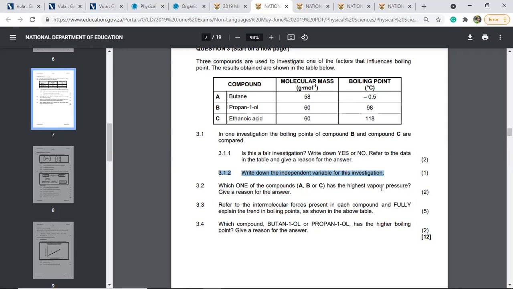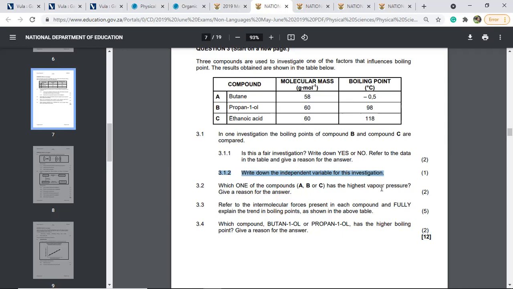But how do we determine what would have the highest vapor pressure or the lowest vapor pressure? So the vapor pressure is determined by the boiling point. If you have a low boiling point, it means that between your atoms, you have weak intermolecular forces.